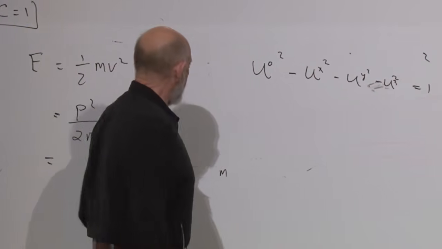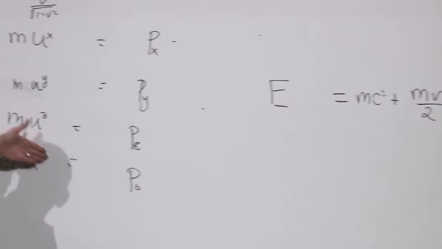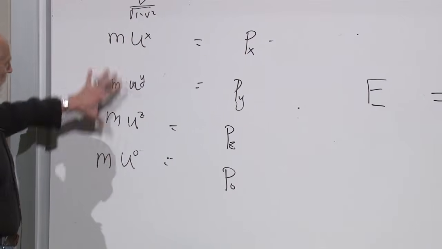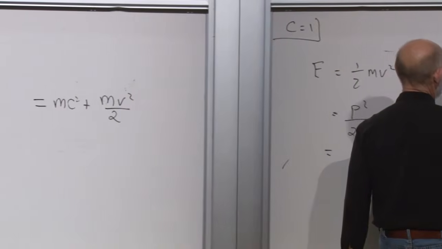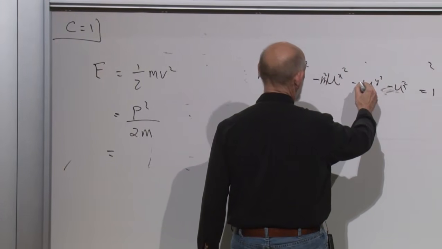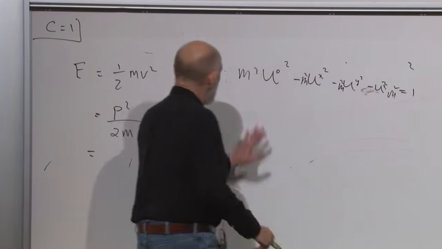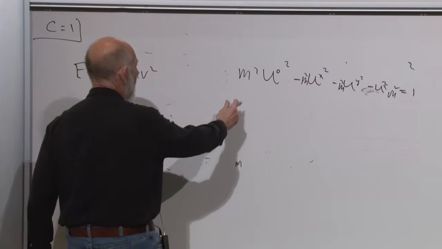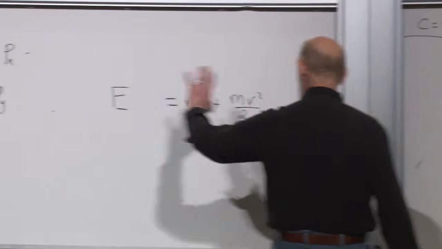All right, the components of momentum, all 4 of them, are the same as the components of 4 velocity except for a factor of mass. So what I want to do is multiply this equation by m squared. And then this is the square of p0, but p0 is just the energy.